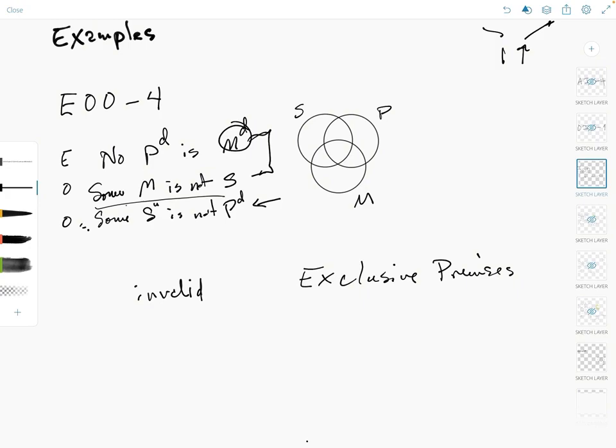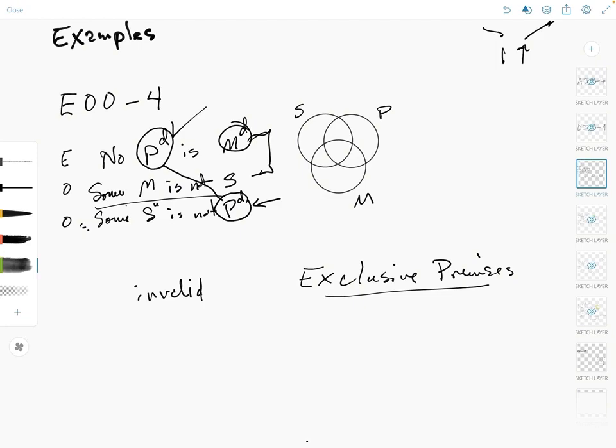Because it's an O. That's the pattern for O. So we see that the major term is distributed in the conclusion, so it must be in its premise, and it is, so it checks out. So we don't have a violation of the distribution rules, but again, it doesn't matter because we have a violation of the negation rules that generates the exclusive premises fallacy.